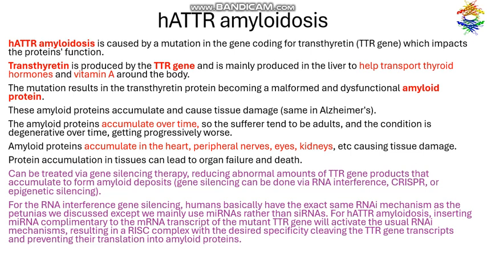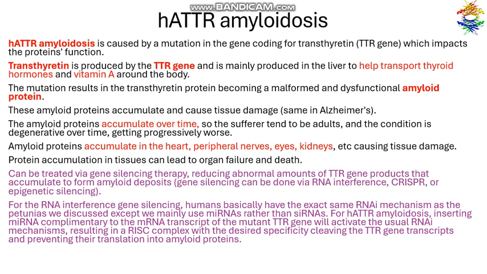The amyloid proteins accumulate in the heart, peripheral nerves, eyes and kidneys, causing tissue damage. Protein accumulation in these tissues can lead to organ failure and eventually death if untreated.